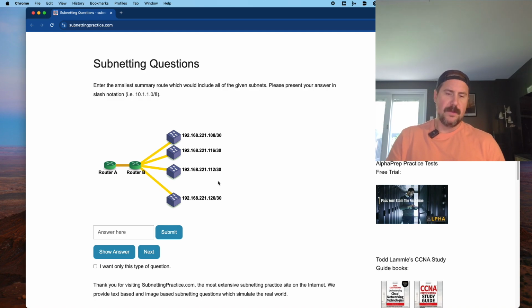Wait a minute. 64 plus 32 is 96. 96 plus 16 is 112. Oh, okay, so I was wrong. All right, so there's already a differentiation because 96 plus 16 is 112, 0, and we're trying to get to 116, right? 112, we got a 1 in the 4. All right, so let me erase my silly old math here and show you.